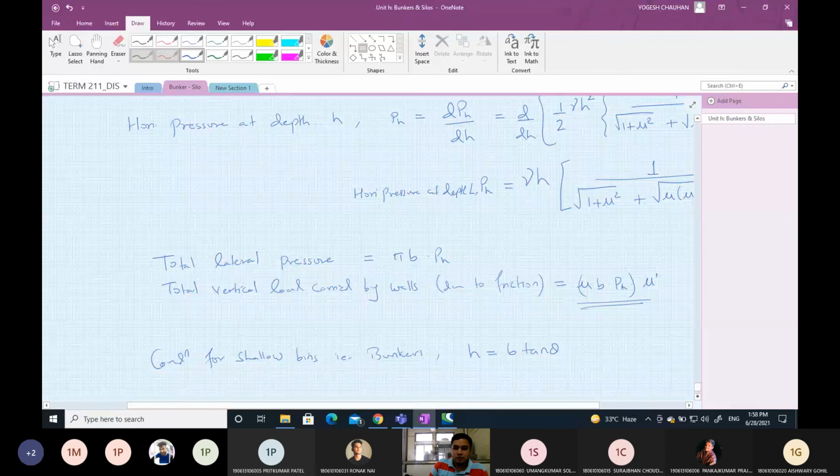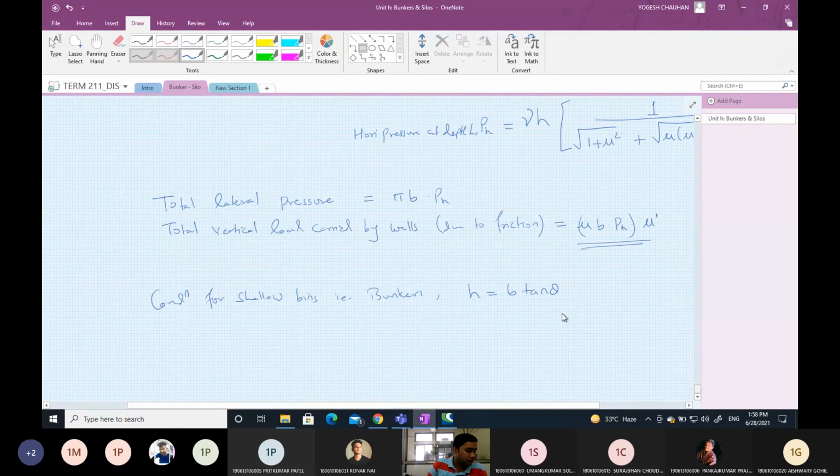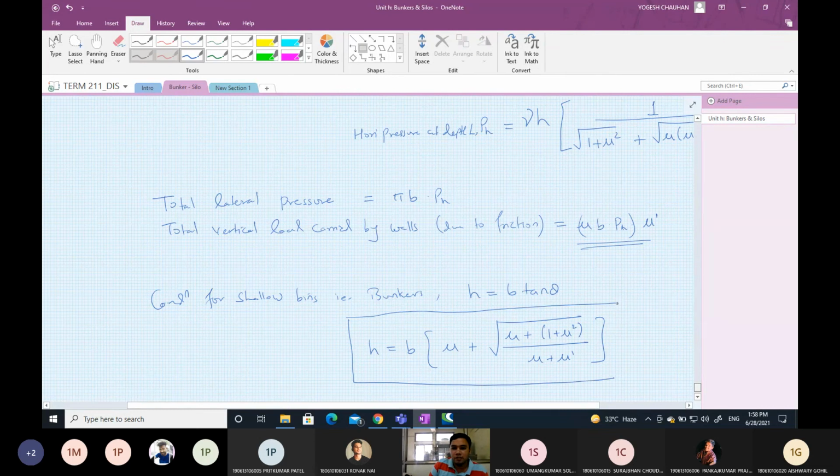Now you can substitute the value of tan θ here also, so you will get H is equal to B times (μ plus square root of μ into 1 plus μ²) divided by μ plus μ'. Okay, so this is the height up to which the bin will act as a shallow bin.